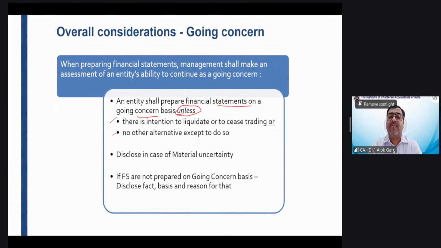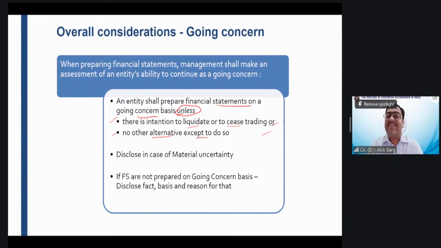What is the first situation? Until and unless there is an intention to liquidate or to cease trading. Management itself is saying that I want to liquidate the business, or management's intention is to stop trading, or there is no other alternative except to do so.